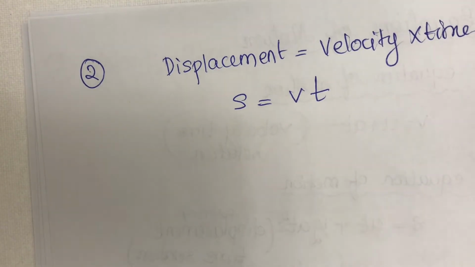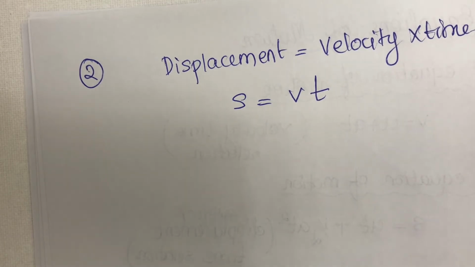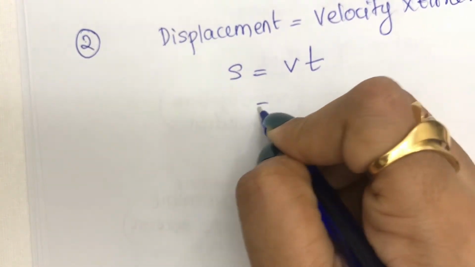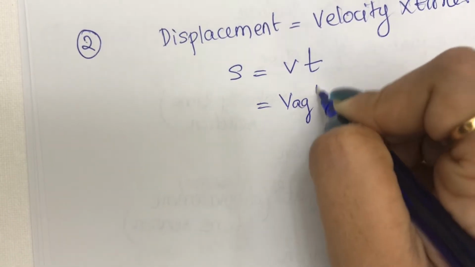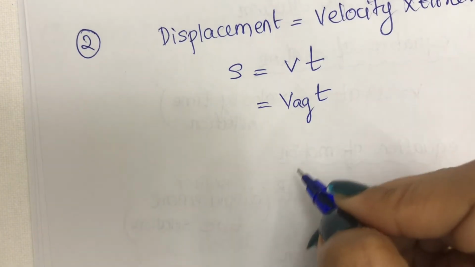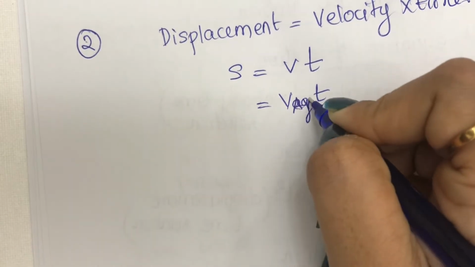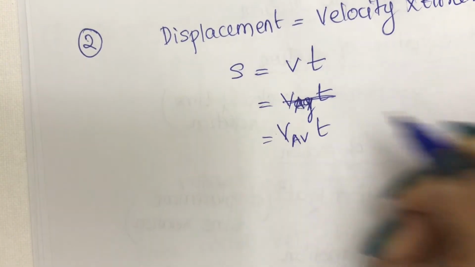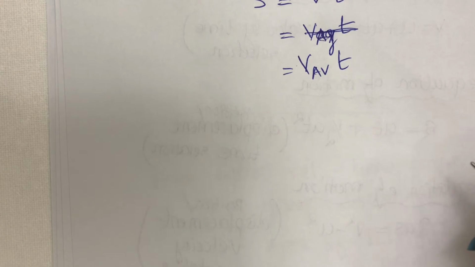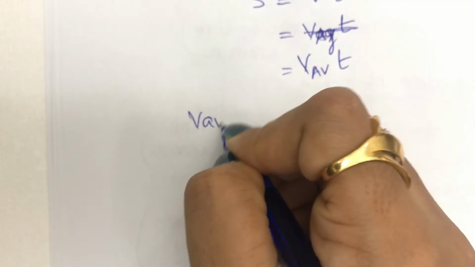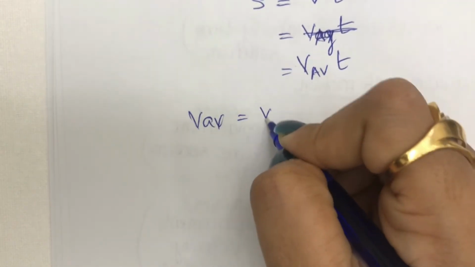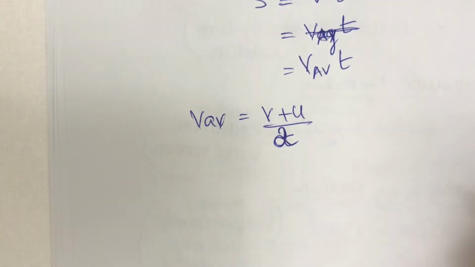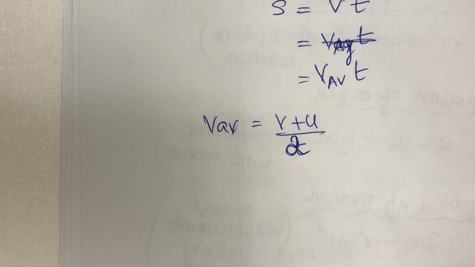If our velocity is not constant, then instead of velocity we take average velocity, so s = v average into time. And what is average velocity? Average velocity is (v plus u) by 2.